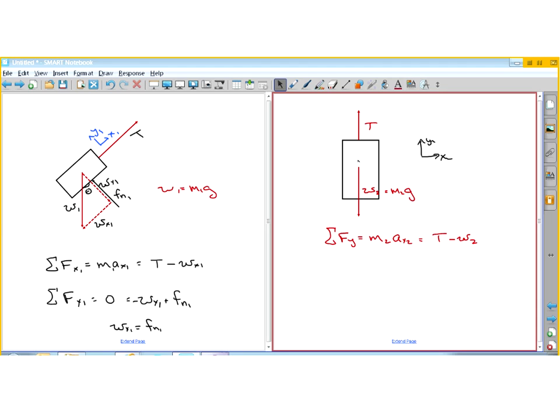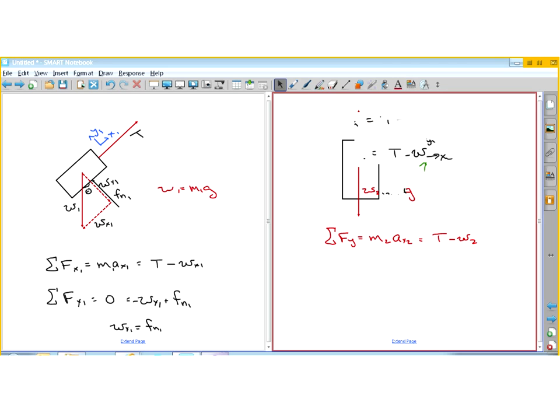Because the weight is greater than the tension, the net force is going to be downward. So in applying Newton's second law, here the mass of this second object times its acceleration is equal to the sum of the forces, T positive, same direction as y, W negative, opposite direction of y.